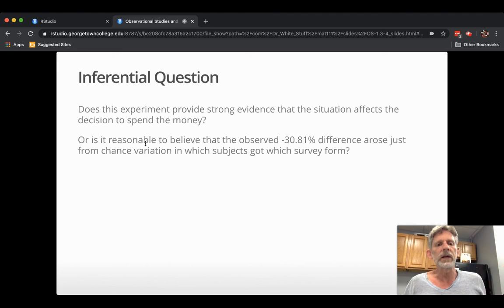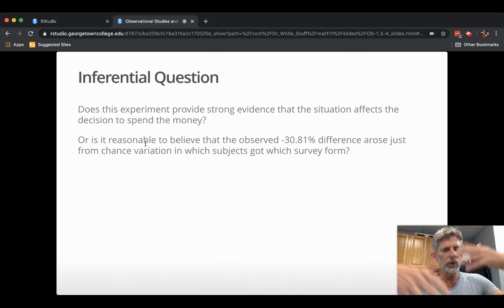Maybe just by chance, people who are conservative with money and don't want to spend a lot of money and tend to say no to the question however it's presented to them, just happen to get into the lost ticket group. And that's why the percent was so low in the lost ticket group.